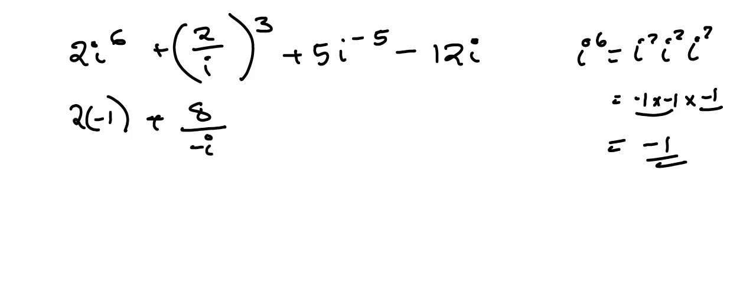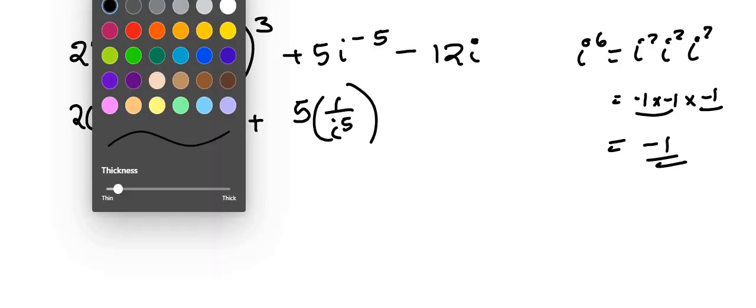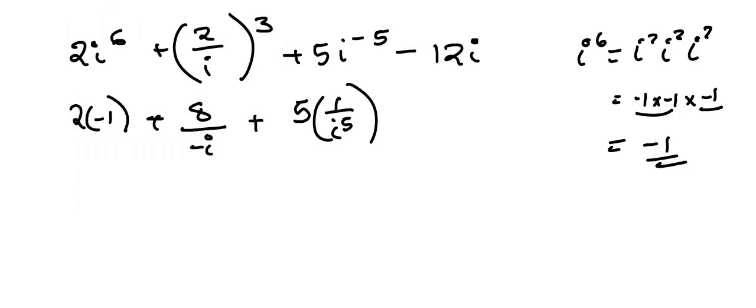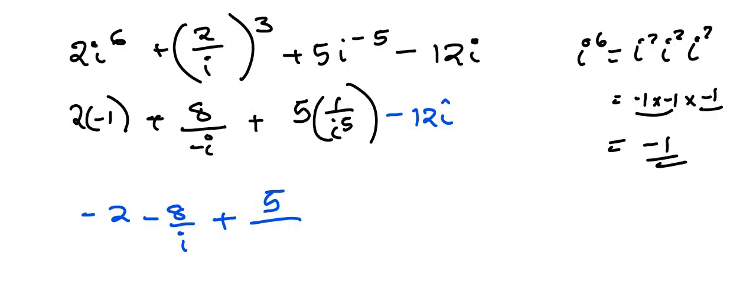Then here, for the sake of solving, we're going to change this to be, this part is the same as i to the power 5, right? Yeah, so if you're okay with this, this is the same as 8 over i, then plus 5, what is i to the power 5? i to the power 5 is the same as i squared and i squared and i, this is positive 1.